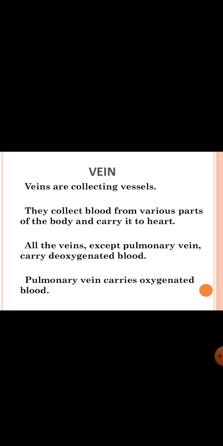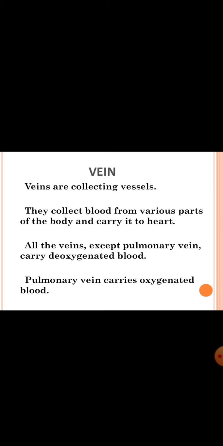The next type of blood vessel is vein, and veins are collecting vessels, means they collect fluid material from the various body parts, means the veins collect blood from various parts of the body and carry it to the heart. All the veins except the pulmonary vein carry deoxygenated blood, means only and only the pulmonary vein carries oxygenated blood.